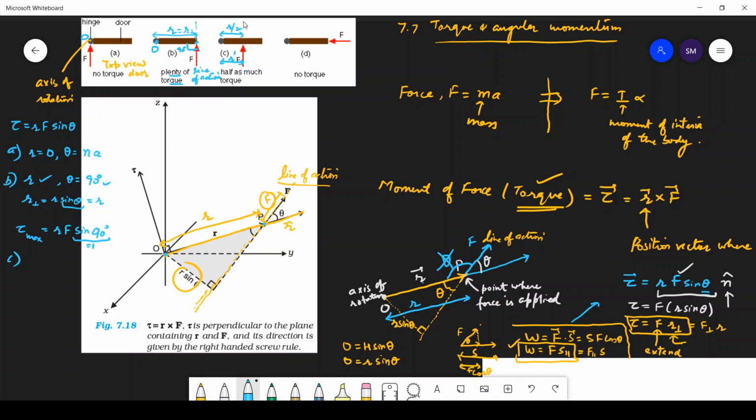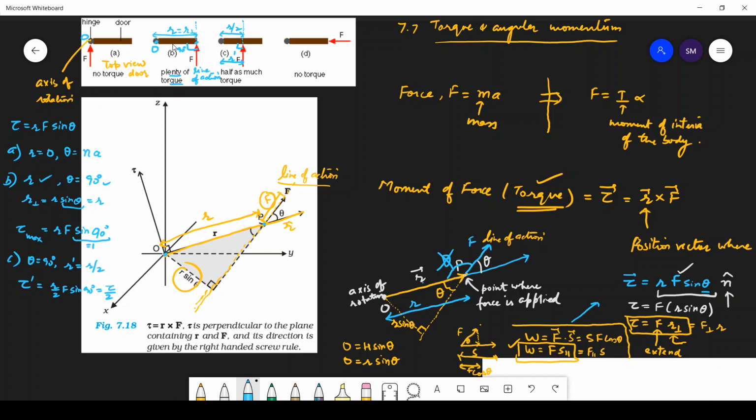Where is the line of action of force? That's your line of action. Again the angle is 90 degrees, so theta is 90 degrees here, but your R dash is R by 2. So the torque will also change. Tau dash equals R by 2 F sine 90 degrees, and that equals tau by 2. So half of the torque.